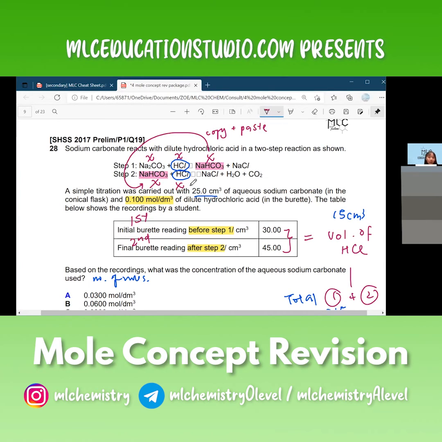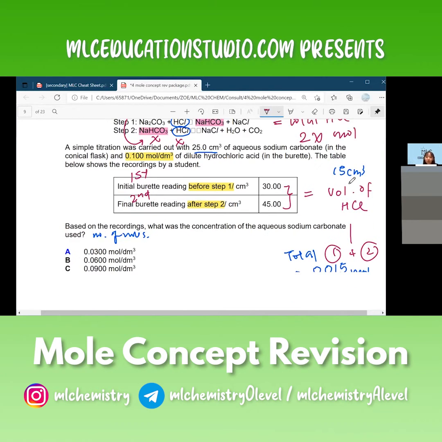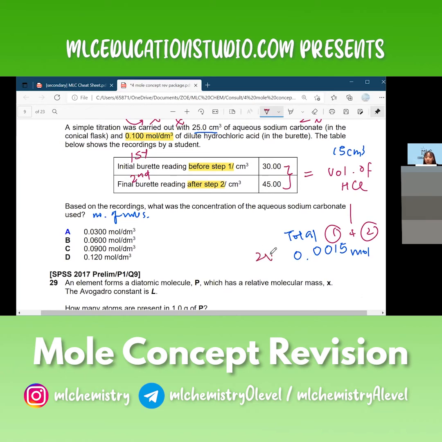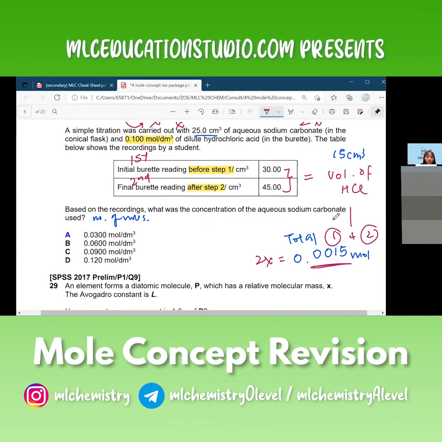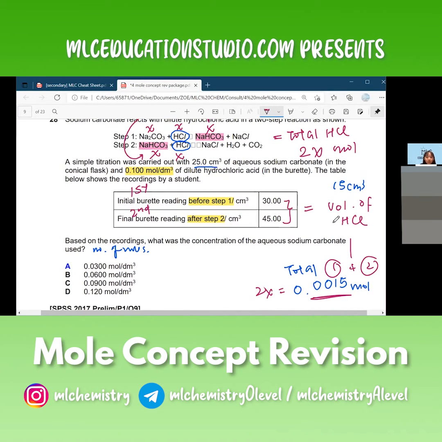Okay, can follow? Until here, can follow? So that means total HCl used should be 2X mole for 1 plus 2. So 2X will be equal to this total number of moles, 0.0015.